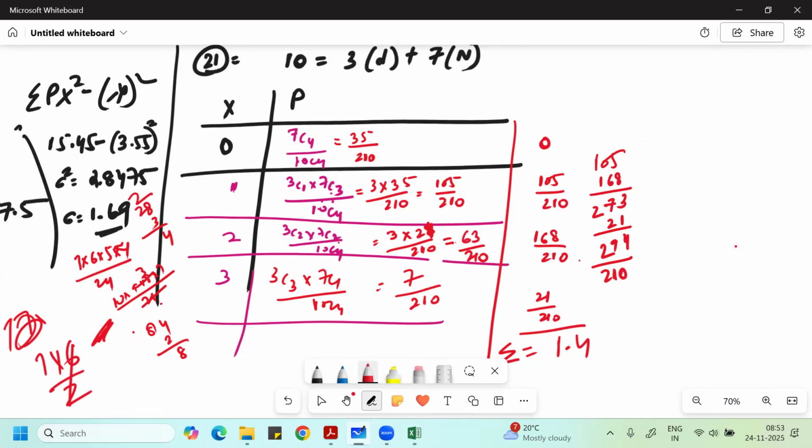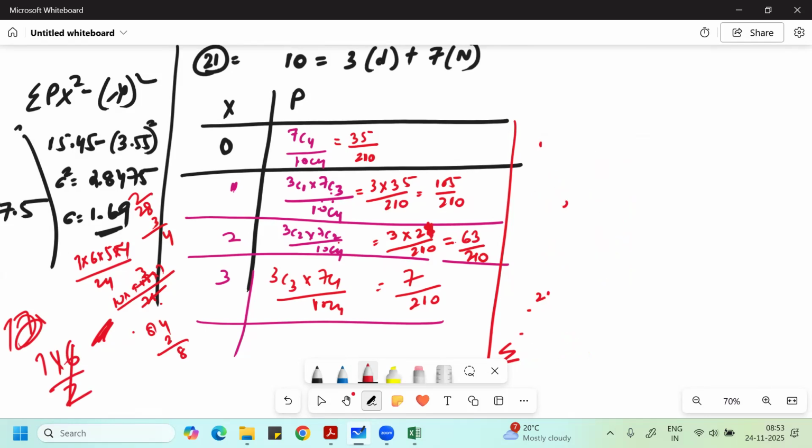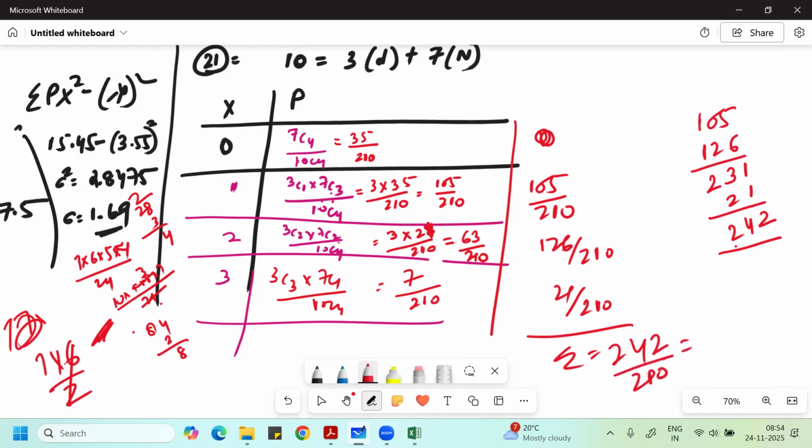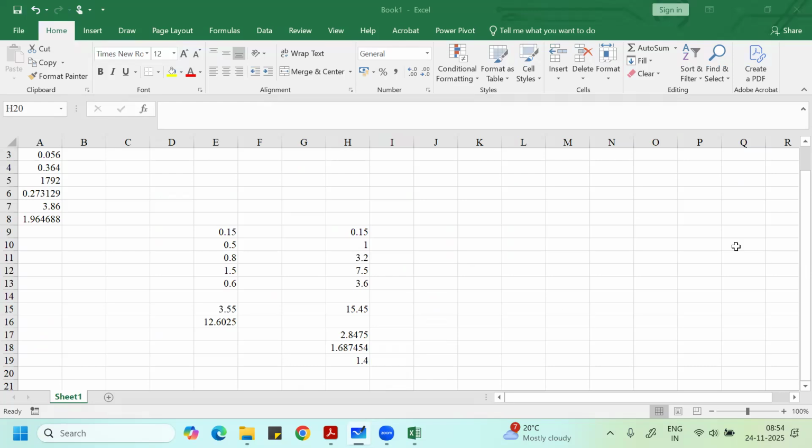So 63 by 210. This is 105 by 210. 63 twos are 126 by 210. And this is 21 by 210. If you do the sum, 105 and 126 is 231, plus 21 is 252 by 210.